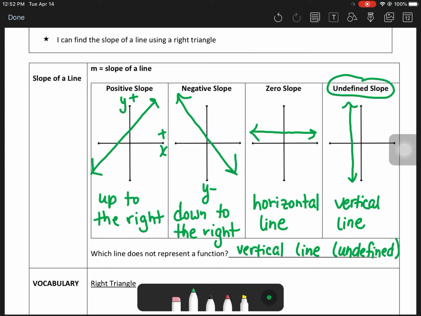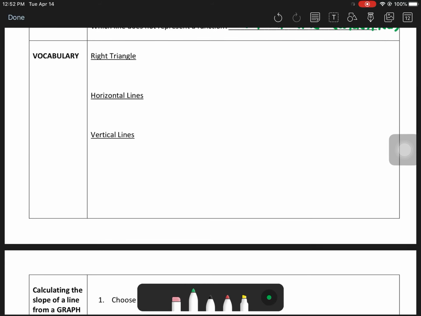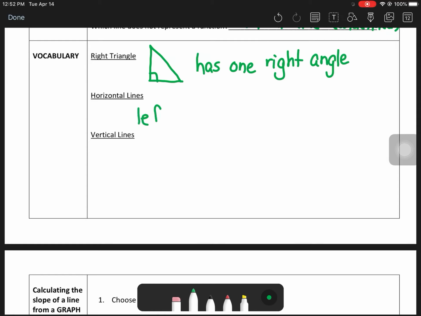So let's take a look at a couple more vocabulary words. Remember that a right triangle is a triangle that has one right angle in it. So you could draw a picture. And it's created from a horizontal line, which goes left to right.